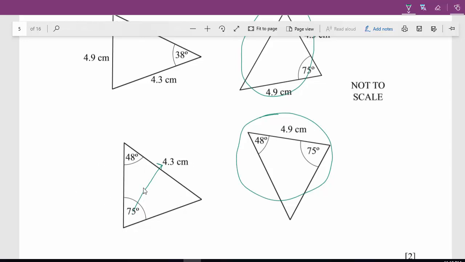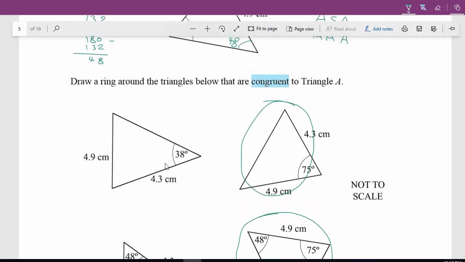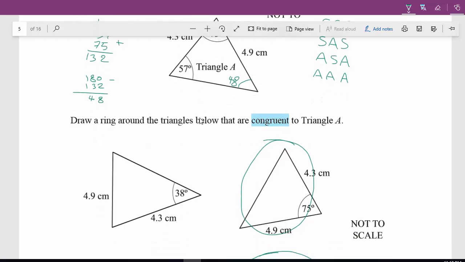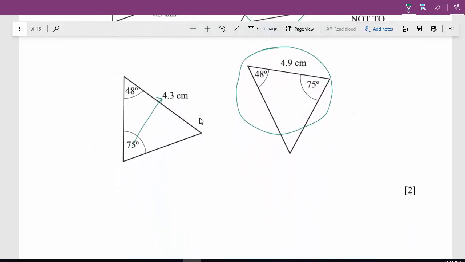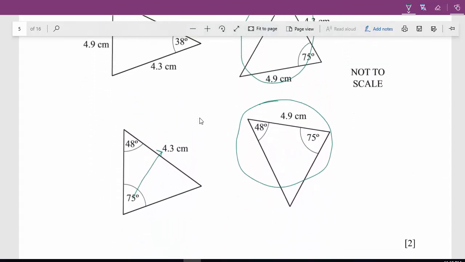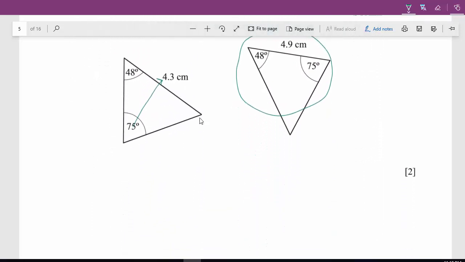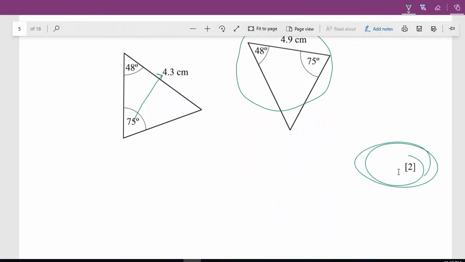Here, we don't know how long this side is, but it shouldn't be 4.3. Done, we got two congruent triangles. And as a hint, since two triangles are congruent, look, the question is out of 2 marks. You can depend on this.